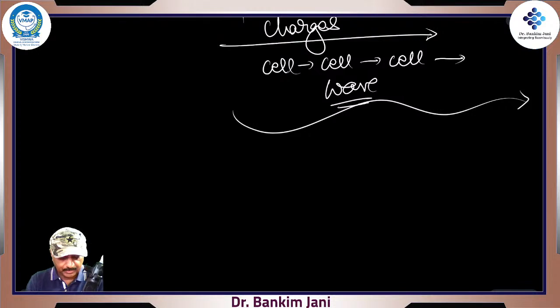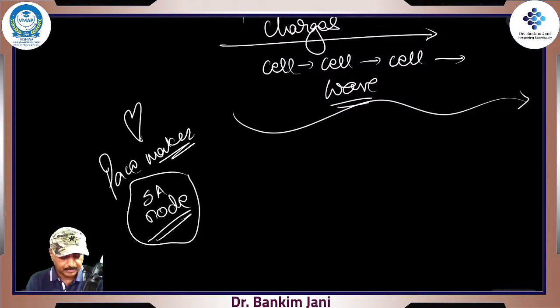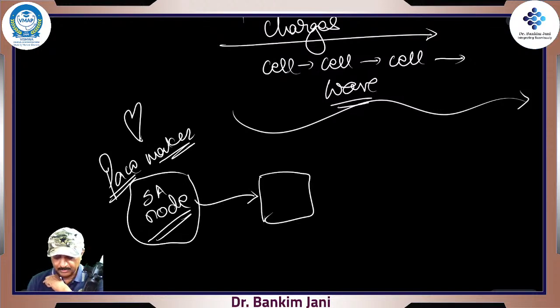In the case of the heart, that's our SA node. This SA node is nothing but a pacemaker, the one who sets the speed, and this pacemaker will be sending impulses to all these myocytes.